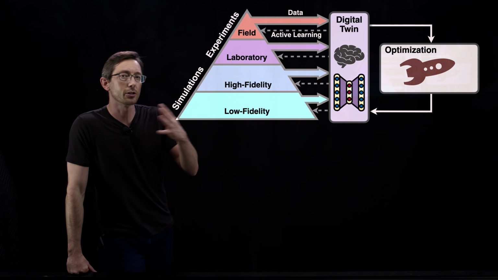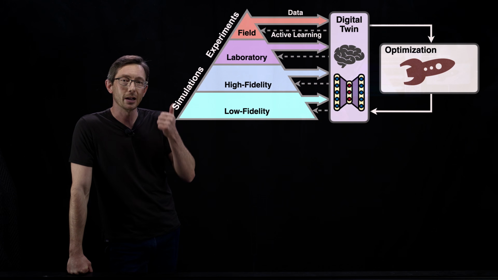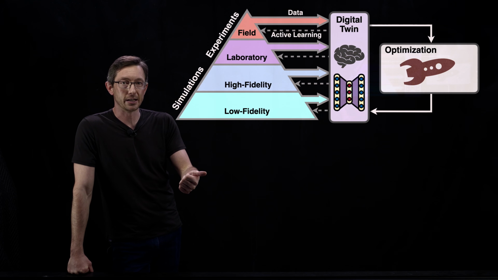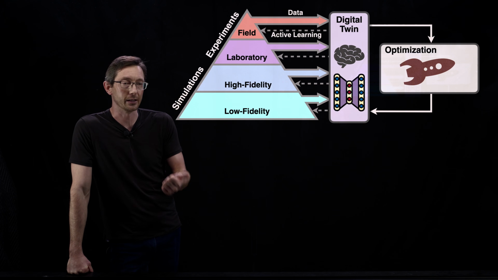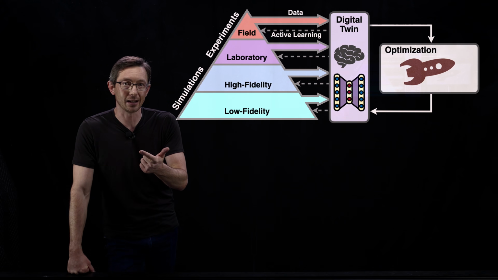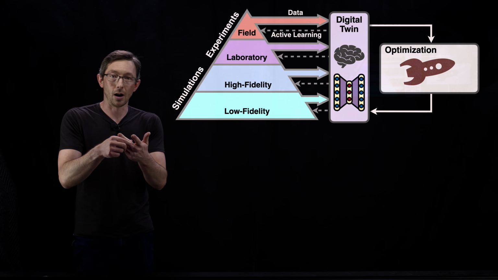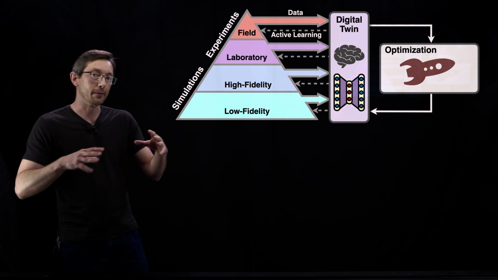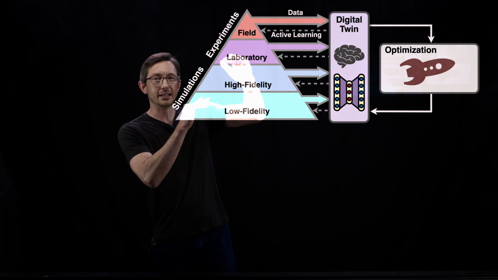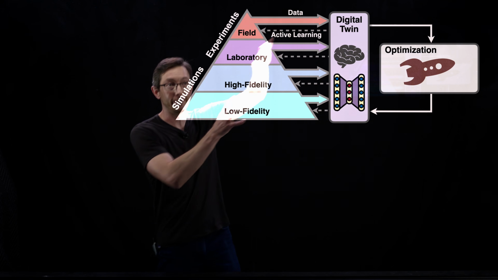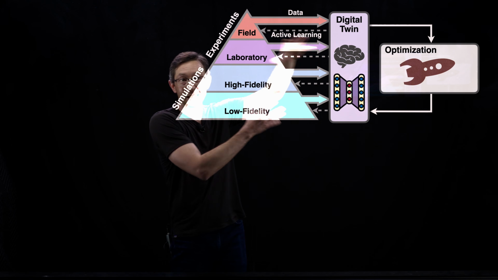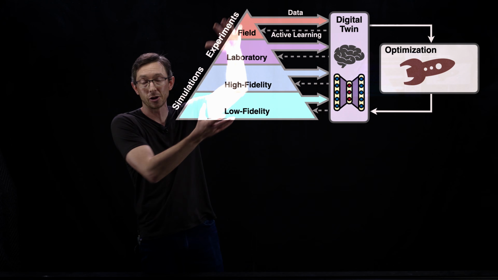But in the future design optimizations, when I'm designing the next super material, super alloy, or super composite, when I'm designing the next aircraft wing or automobile geometry, I don't just want to take all of the data I traditionally collect and feed it into a model. That's very expensive to collect this data the old-fashioned way.